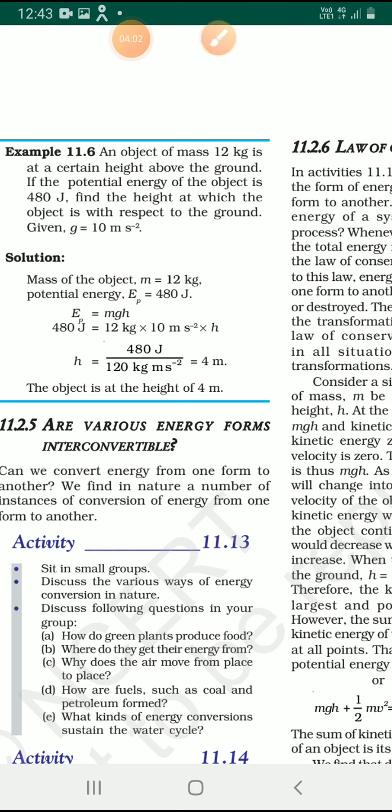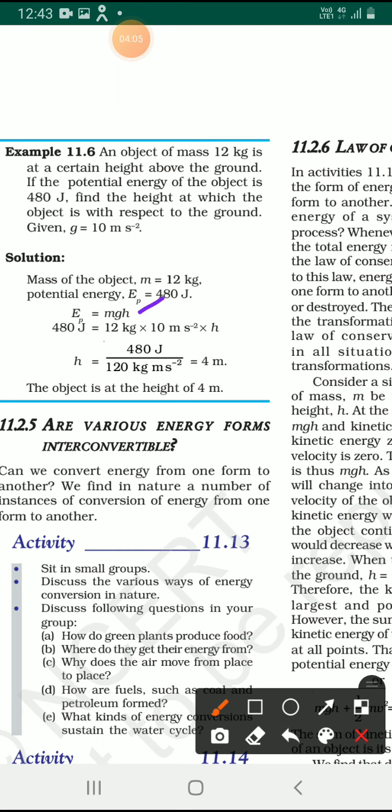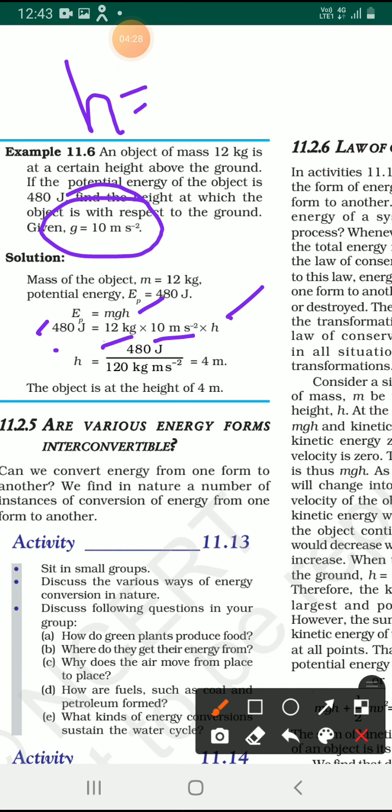We know the formula, kept here: mgh. Potential energy is given, so we write 480 joules. Mass is given, 12 kg. Gravitation we take as 10, because we were asked to take 10. H is not given, so we keep it as it is, into H. If we cross multiply and take H outside, it becomes H is equal to PE divided by mg.